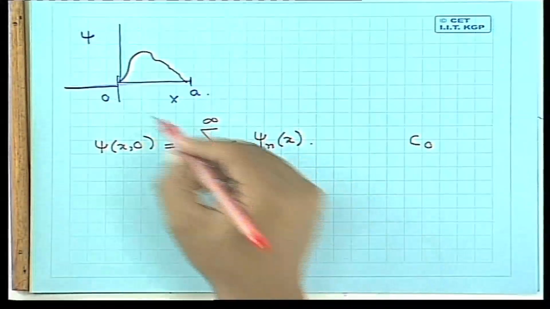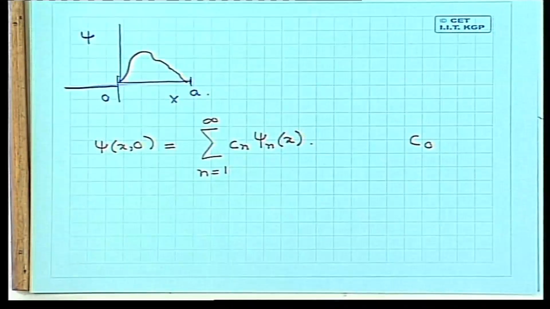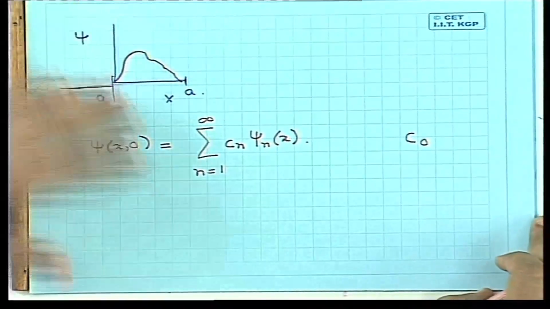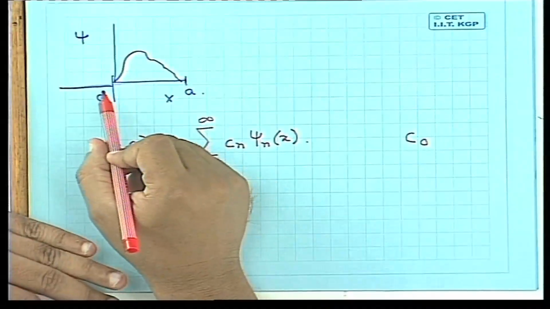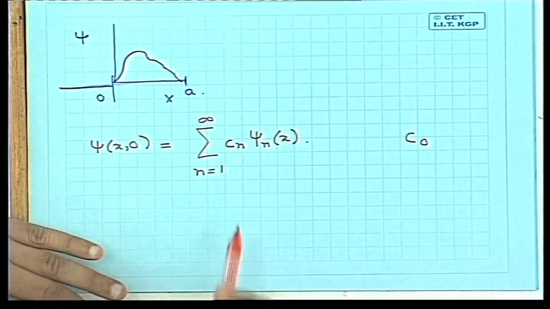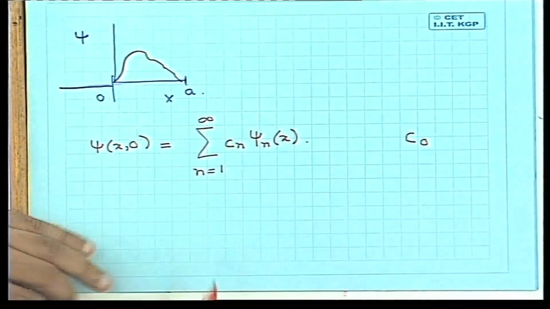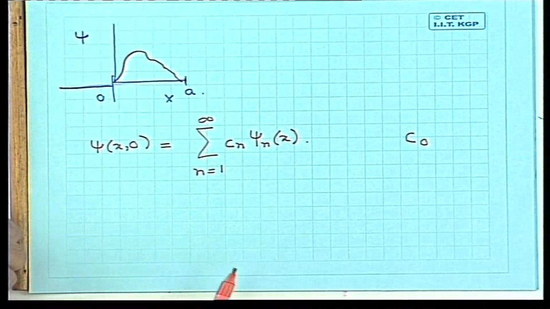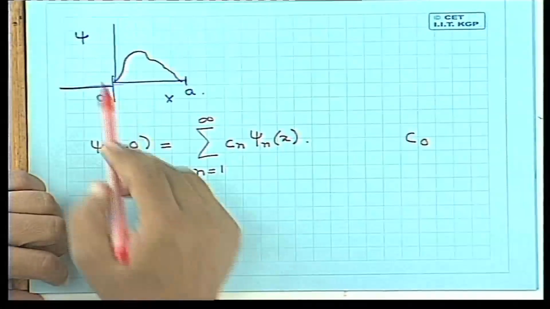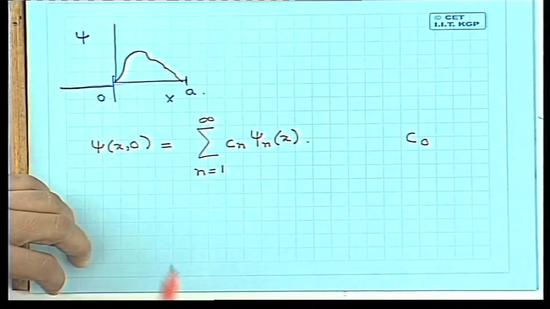But the psi n x are just the sine functions, right? And we know from our knowledge of Fourier series that any function which satisfies certain conditions within the range 0 to a can be expanded in a Fourier series like this. So we see again that the wave functions do indeed form a complete set of functions wherein you can expand any arbitrary function in terms of these functions.